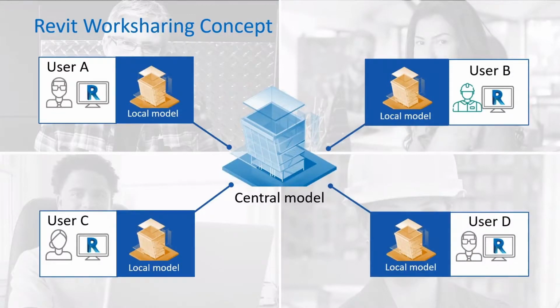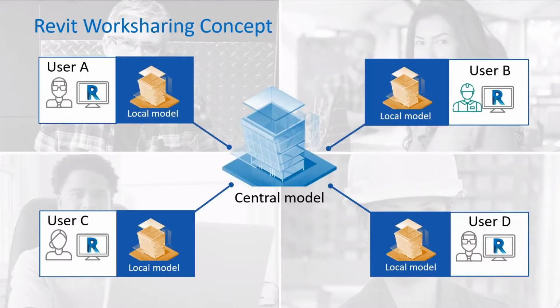And I think that's one of the greatest benefits of BIM 360 design: all of those users are up and running in a matter of minutes. I tend to say it's as if you were to move your central model into the cloud, because that's really what BIM 360 is all about, connected BIM, BIM with the power of the cloud. So we're just pushing this central model into the cloud.